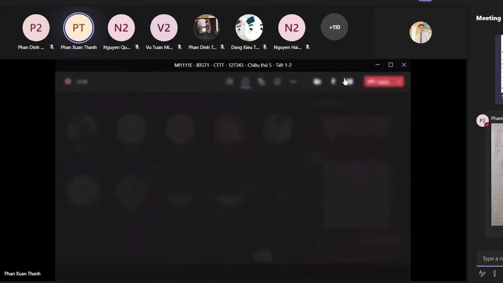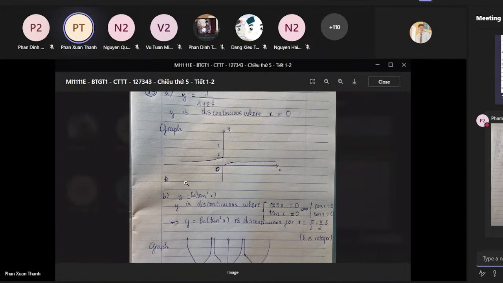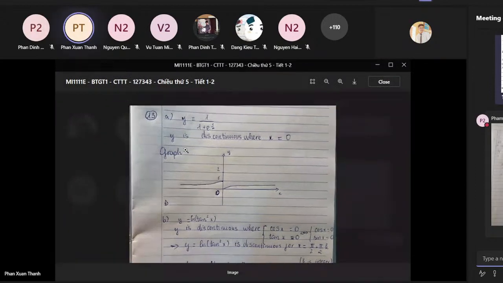Okay, for A, f is discontinuous when x equals 0. So we should say about y is discontinuous at x equals 0. You should say about the left hand limit and the right hand limit of the function.